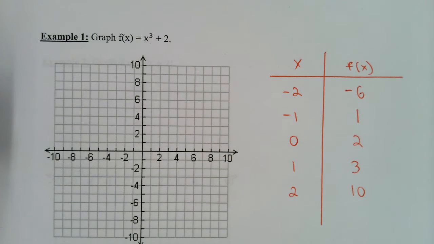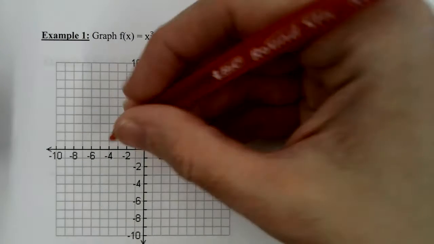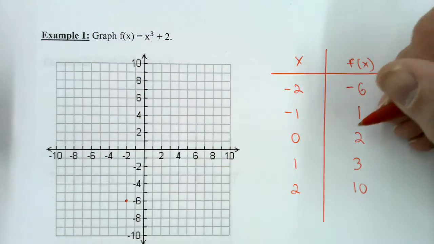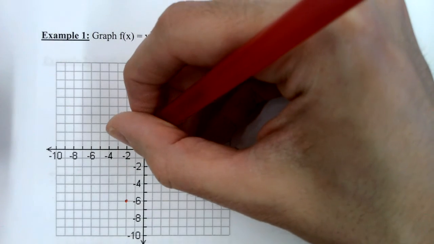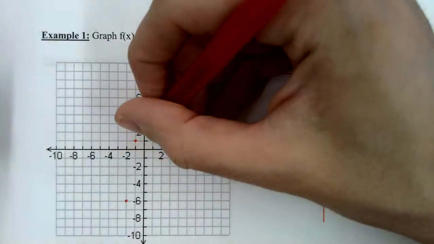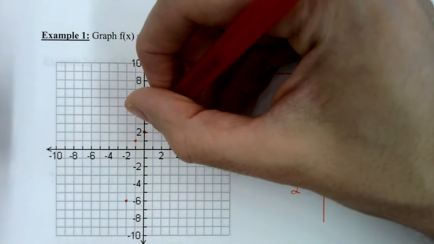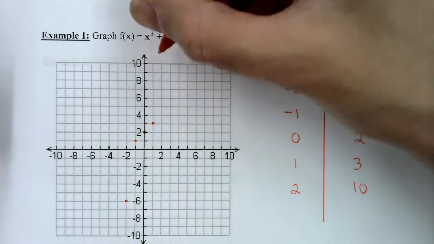Now I'm going to graph this. So -2, -6; -1, 1; 0, 2; 1, 3; and then 2, 10.